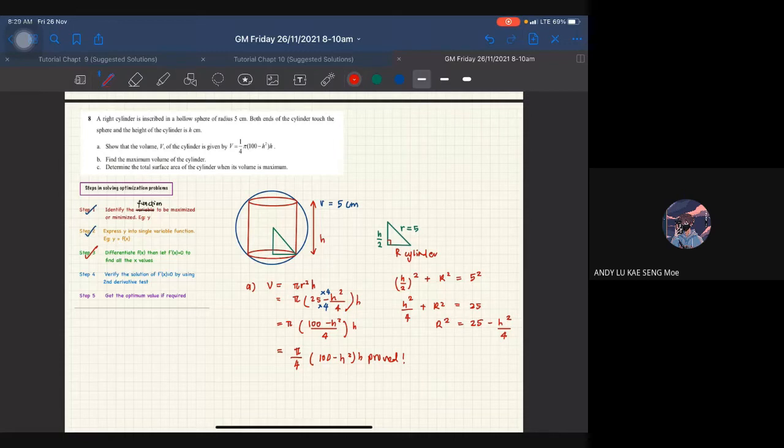So berapa volume kita tadi dekat sini? Dia adalah 96.225 pi cm cube. Okay. And then apa kita punya height tadi untuk dapatkan volume yang maksimum? So height kita tadi adalah, let me take a look, 10 over cert3.